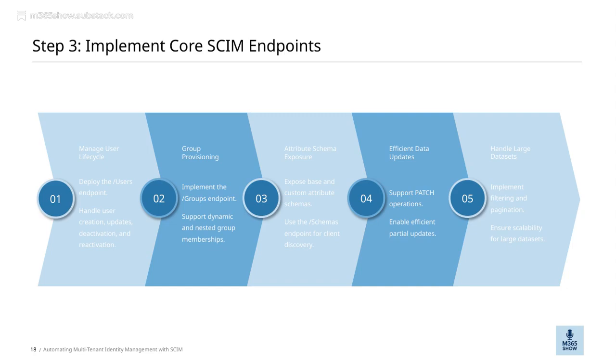This ensures our system remains scalable and responsive, even when managing thousands or millions of users and groups. All these steps are essential to creating a robust, scalable, and efficient identity management system built on SCIM. They form the foundation for automation, flexibility, and performance in multi-tenant environments.